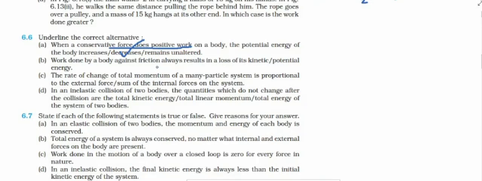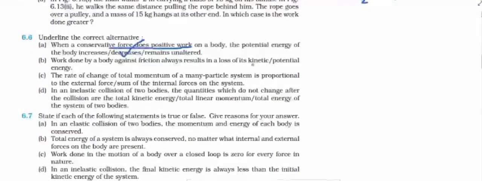So take the case of motion. It has kinetic energy. Due to friction, the object is gradually getting stopped. So work done by friction reduces kinetic energy.